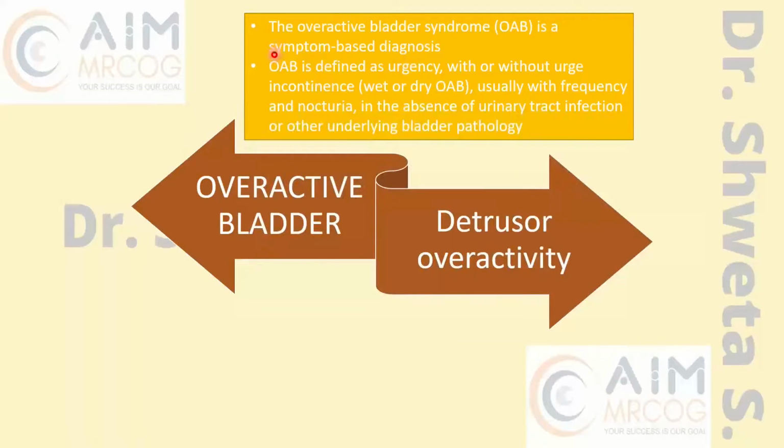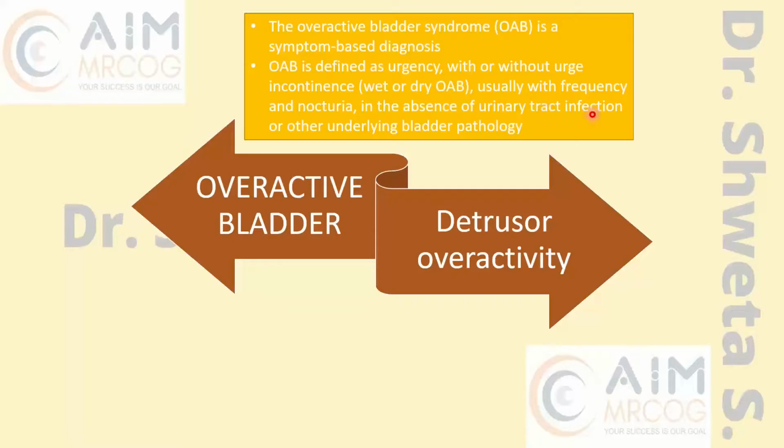So this is a symptom-based diagnosis. It is defined by urgency with or without incontinence. As I told you, one third of overactive bladder women will have incontinence, so two-thirds will not. So two-thirds will be dry overactive bladder and one-third will be wet overactive bladder.